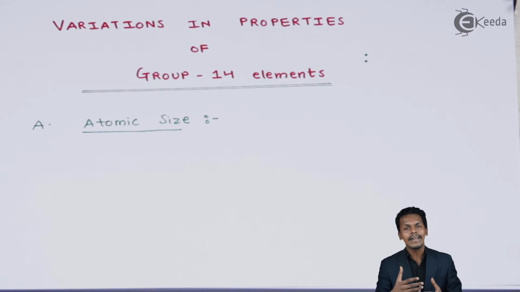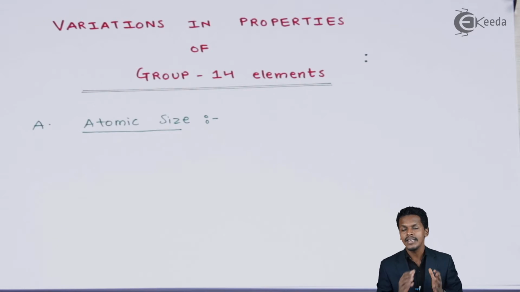Electrons get added to a new shell and the atomic size goes on increasing, but there are certain factors that can cause variation. For example, d block elements, which have d electrons or d orbitals, have a very poor shielding effect.